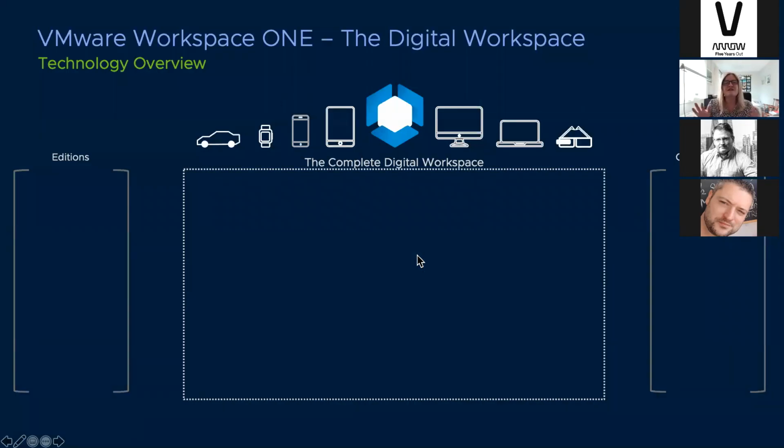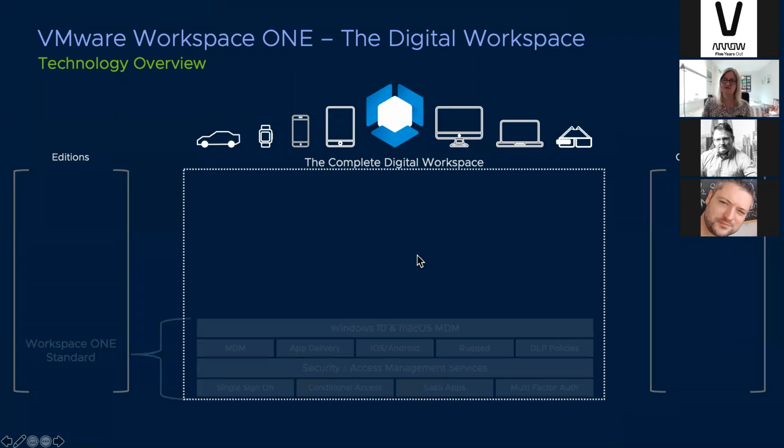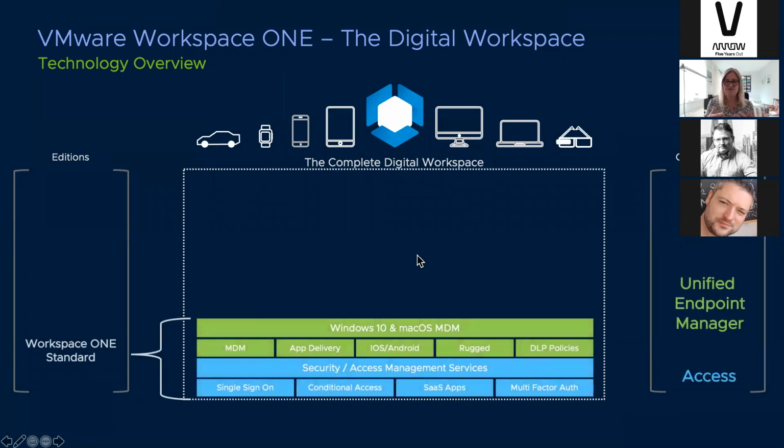So if we look at Workspace ONE and the digital workspace, we'll just give you a very quick technology overview of what we believe is in the complete digital workspace to make a full solution for you and your customers. We think obviously that you need to look at access and at Unified Endpoint Management.